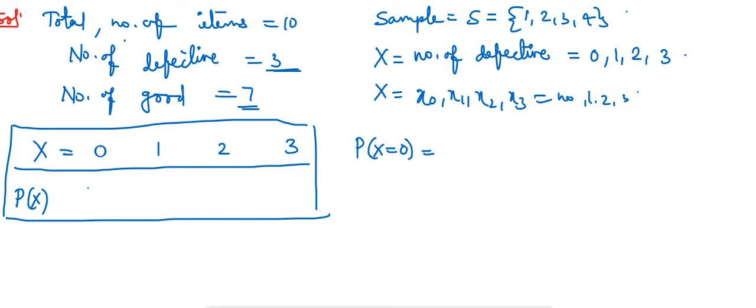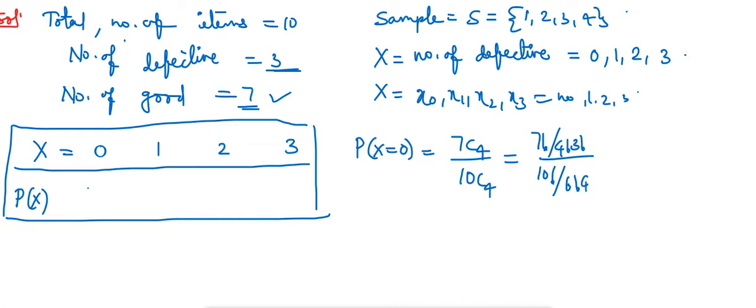No defective means we are taking 4 items from the good ones only. So that is 7C4 by the total number of ways, 10C4. It is equal to 7 factorial by 4 factorial into 3 factorial, divided by 10 factorial by 6 factorial into 4 factorial. The 4 factorial cancels.